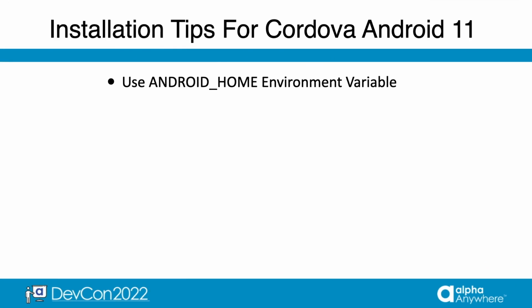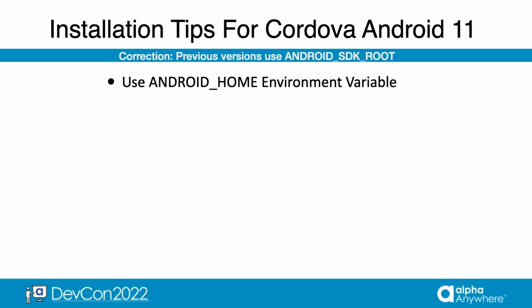Let's take a look at some of the installation tips for Cordova Android 11. So we'll be going through these tips, and then I'll go through the actual changes that I'm going to make to the environment variables and so on, the path, and then to Android Studio. But the first thing you need to understand is we need to use ANDROID_HOME for the environment variable. In previous releases of Cordova Android, we've used ANDROID_SDK_ROOT.